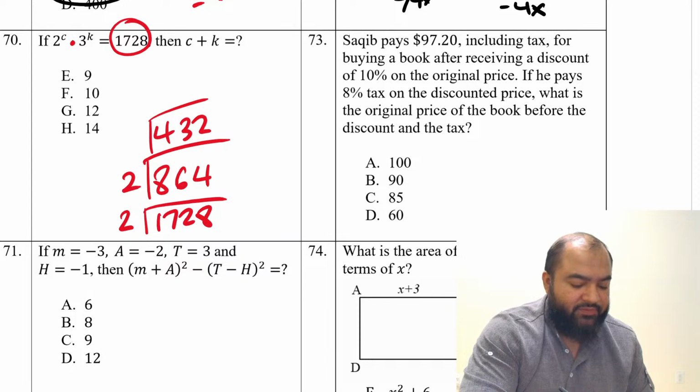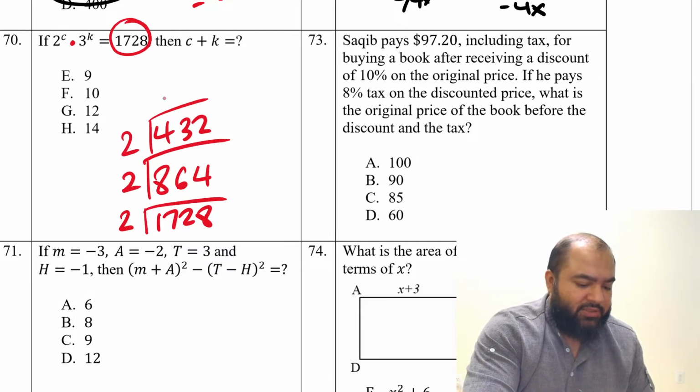Is it 854? Sure? 2 goes into 16, 8 times, so that's 12, 6 times 2 is the 12. I think 864 is correct. Let's divide by 2 again. So we get 2, and 2 goes into 3 one time, that's 12 is 6. Can I divide by 2 again?